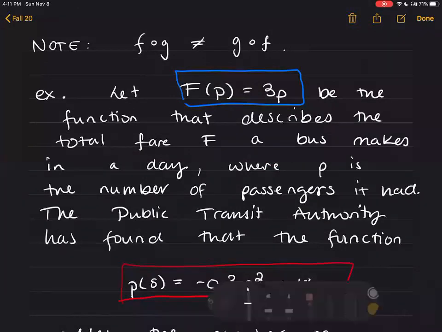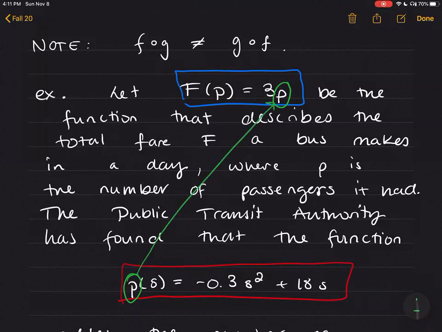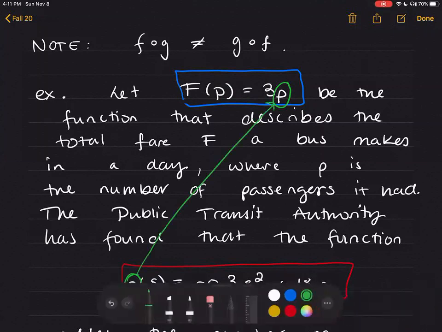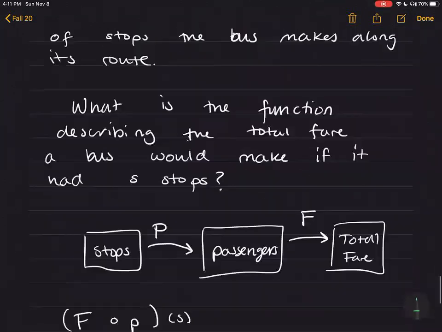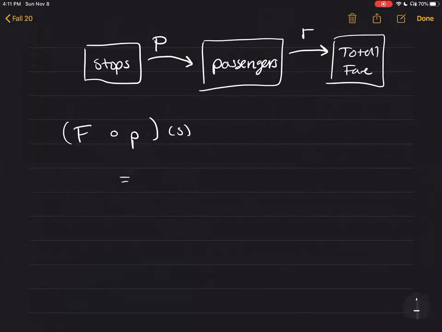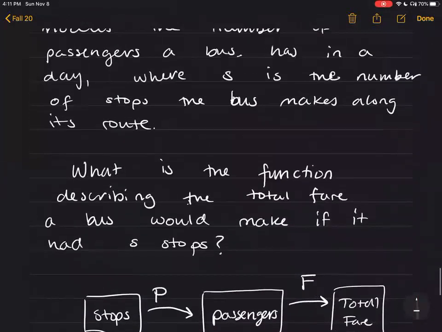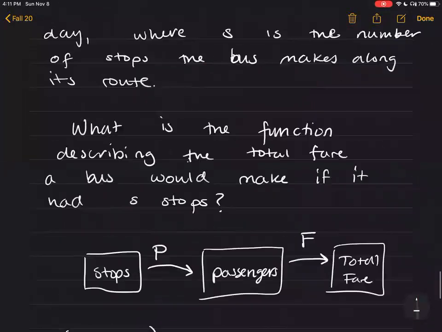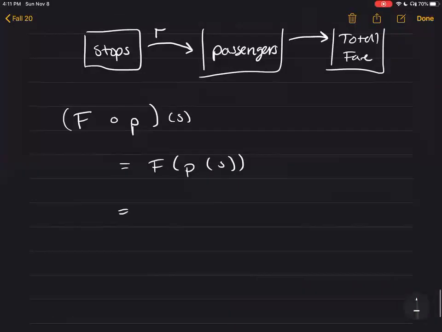And so the passengers pop up in 2 different places. And so what you're going to do is you're just going to take the green and whoop, put it right in there, which should be the same thing as composing. Okay. So we have F of P of S, right? Double check that P is indeed in the variable S. That means we've done it right.